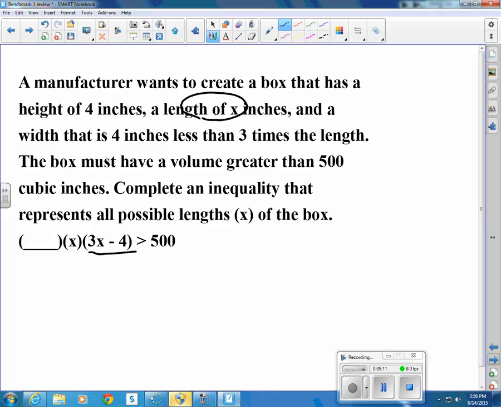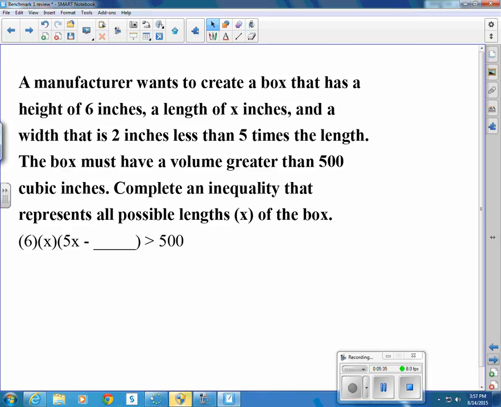So I 3 times it and then subtract 4. And so in our inequality, we have the volume is length times width times height. So we have 2 of those. Which one are we missing? We're missing the height. The height is 4. So that has to be greater than 500.